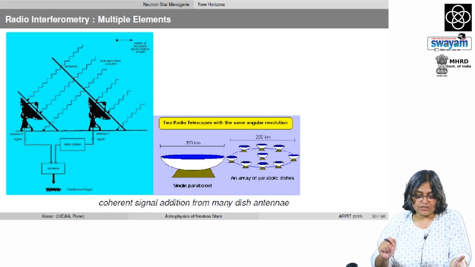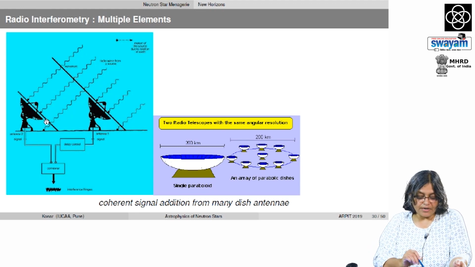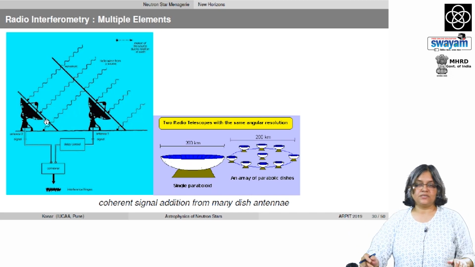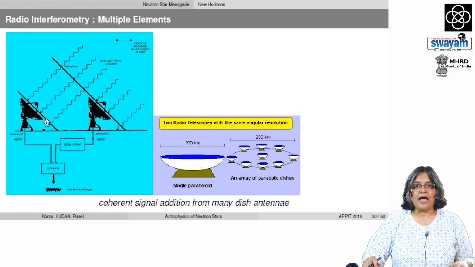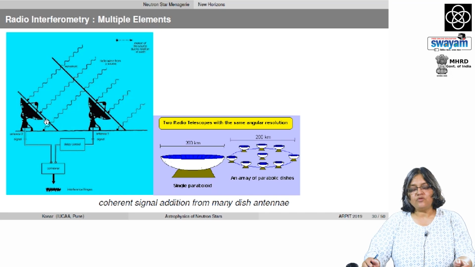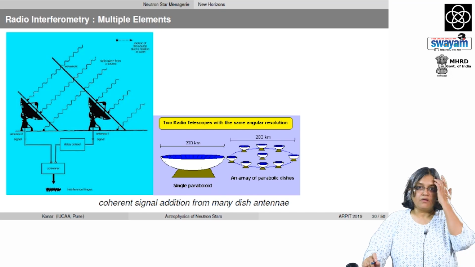And that we achieve by doing radio interferometry. We combine the data from a number of radio dishes which are separated by a certain distance, and the effective D, the dimension of my radio telescope, if we are doing radio interferometry, is the distance between these two dishes.